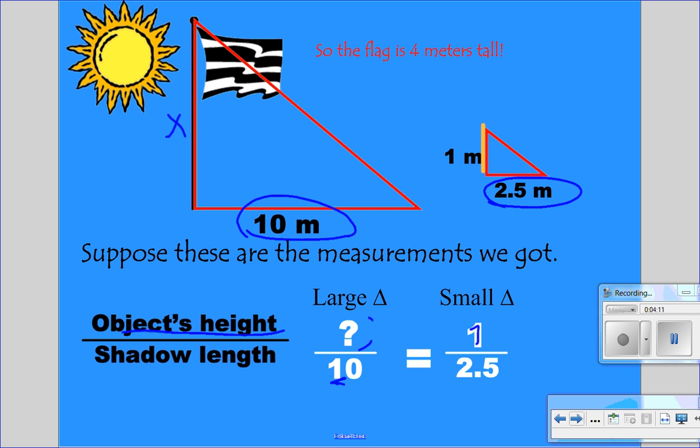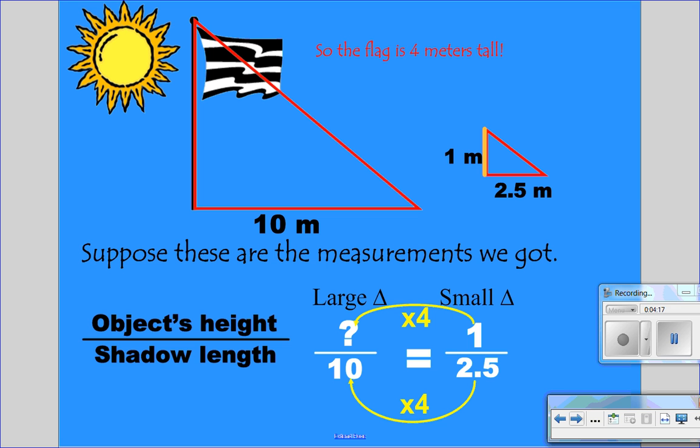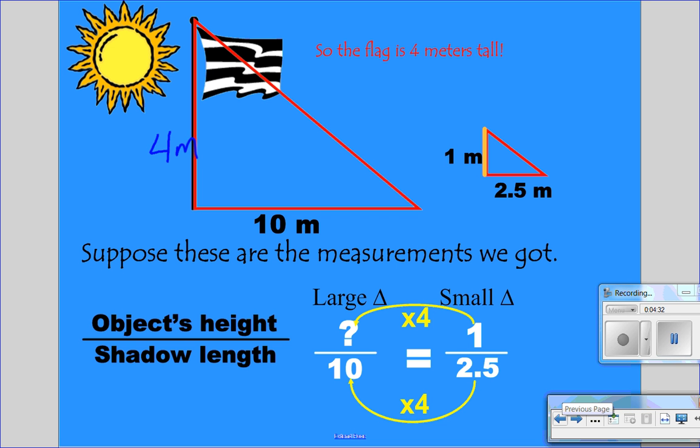And we know that our shadow is 2.5 meters long. Solving that proportion, I can easily see that 10 divided by 2.5 is 4. So my missing side is 4 meters when I solve my proportion. So I can measure how tall that flagpole is without ever having to climb it.